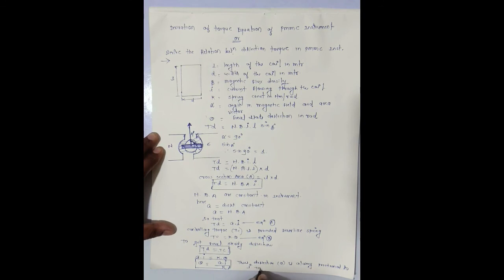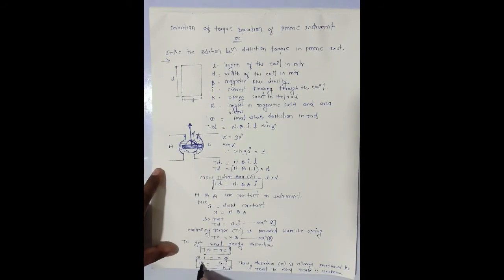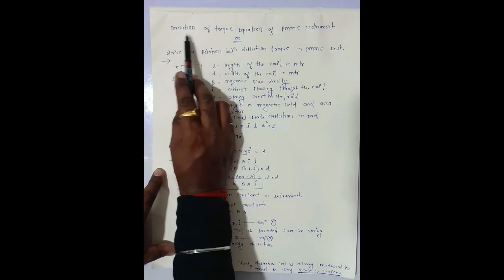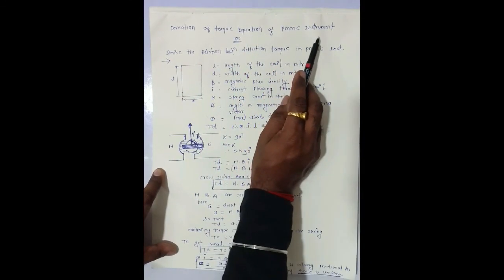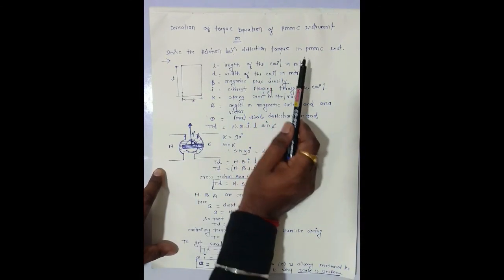That is why the scale is uniform. So the final steady deflection is always proportional to the current flowing through the coil. That is why the scale is uniform. So friends, this is the derivation of the torque equation of the PMMC instrument, or the relation between deflection torque in the PMMC instrument.